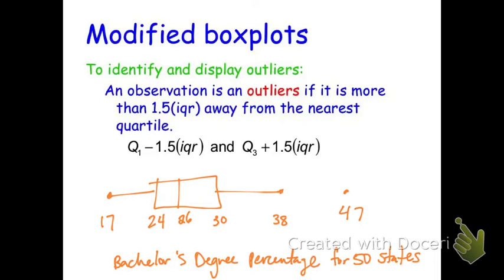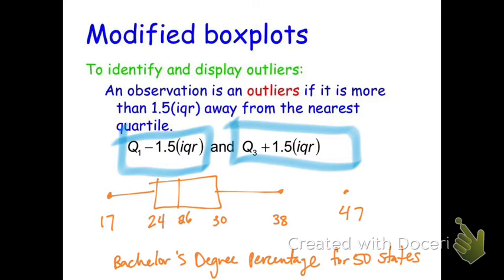Now, how I know this 47 is an outlier. So if you don't have all of your data, then it could say, is this number an outlier, yes or no? These two formulas will calculate what the imaginary fence is that considers it to be an outlier. So if I were to take my data that I just had, Q1 minus 1.5 IQR.